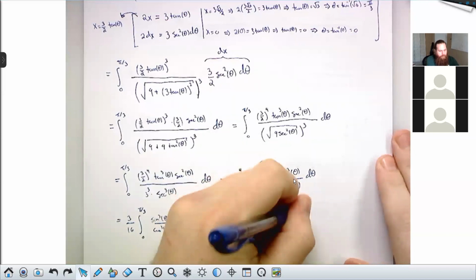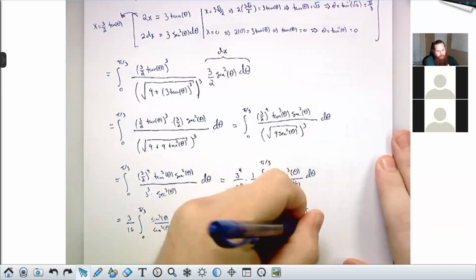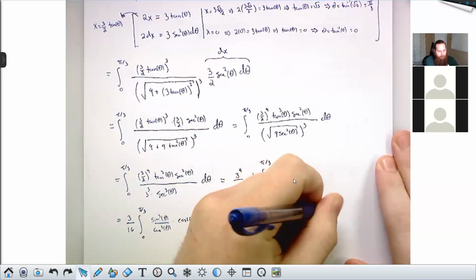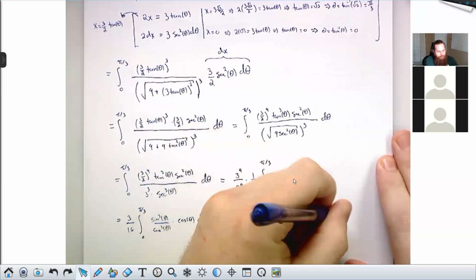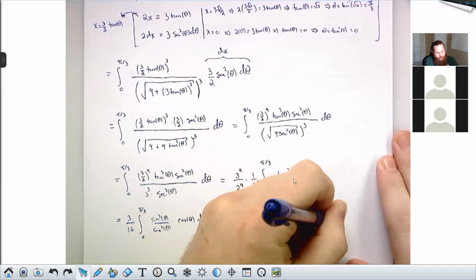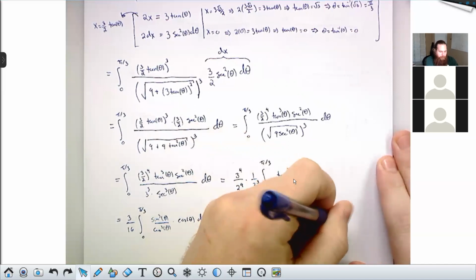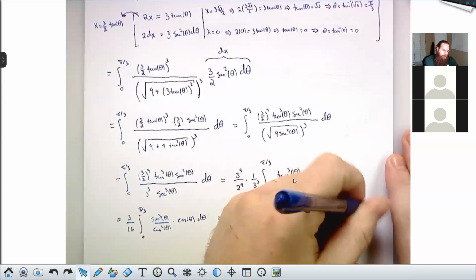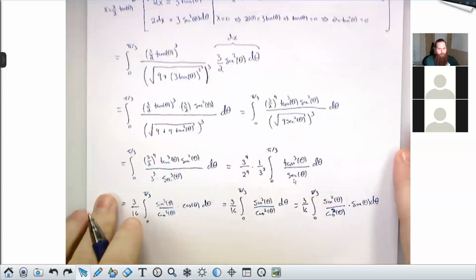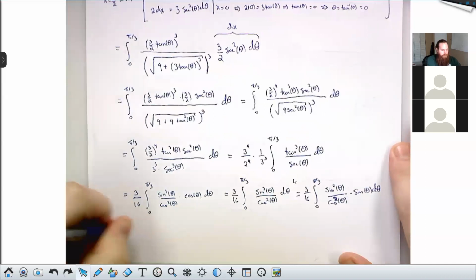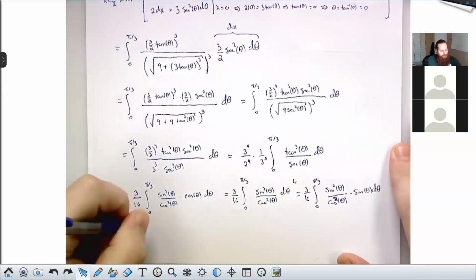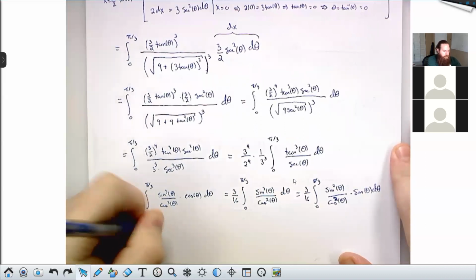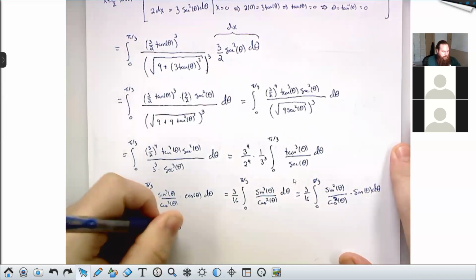What if I rewrote it like this? And then one more sneak. Sine squared is 1 minus cos squared.